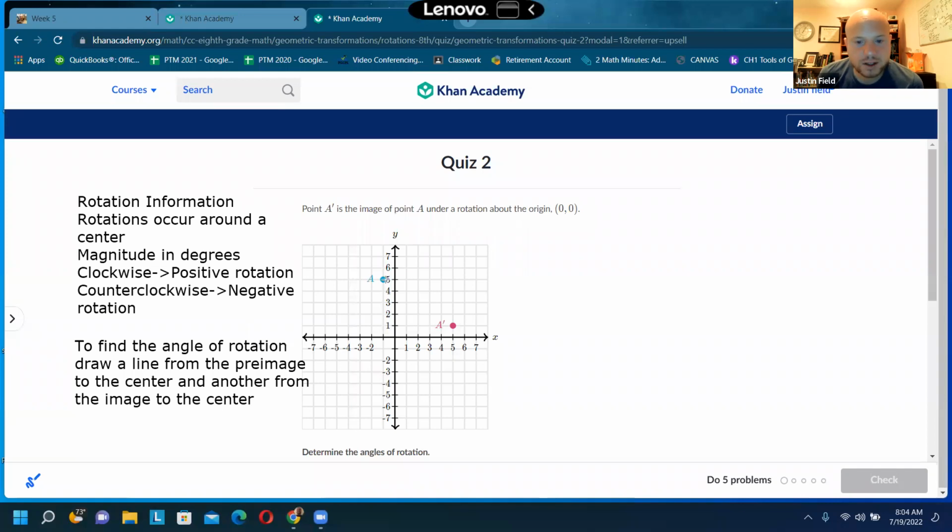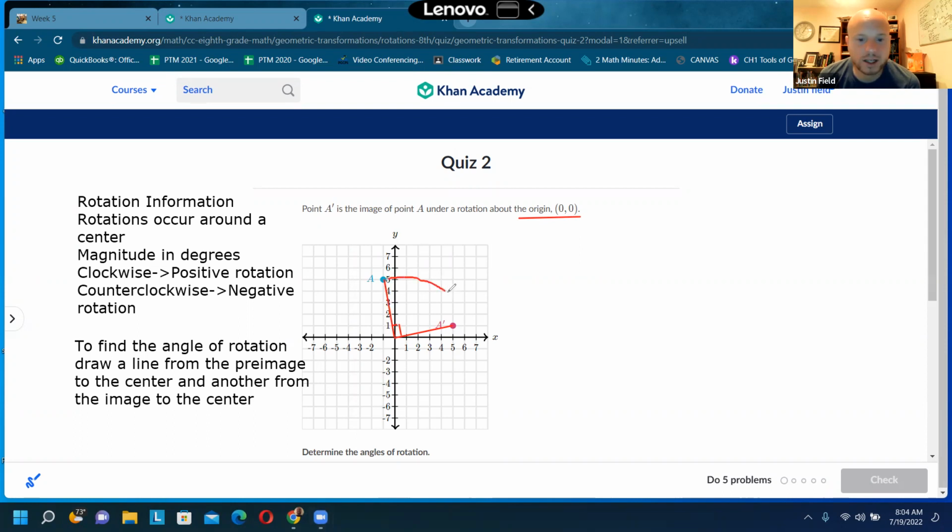All right, so this angle is going to just show up. We see that the center is 0, 0. It says that right there. So we draw a line, and do you see, it looks like we have a right angle. So that's a 90-degree angle. And which direction are we going?